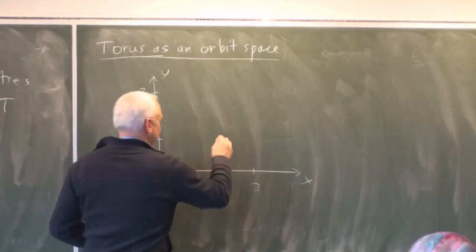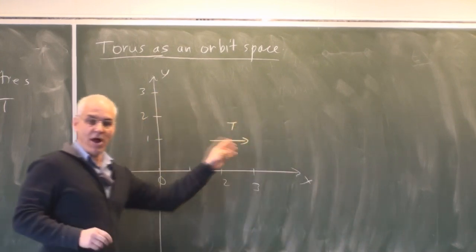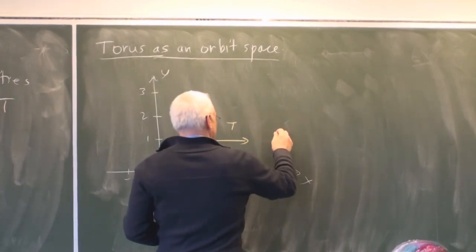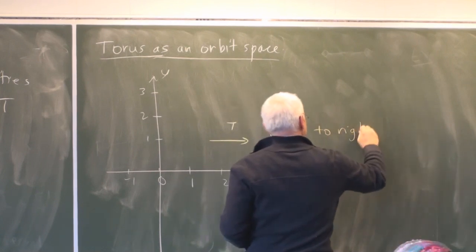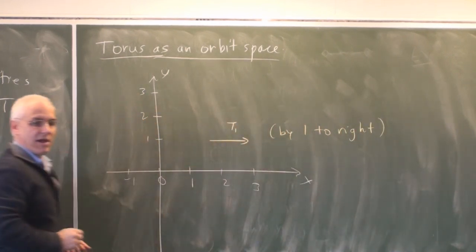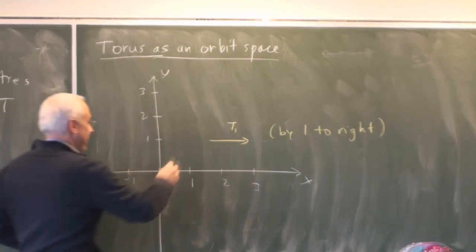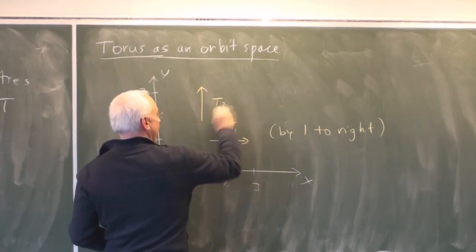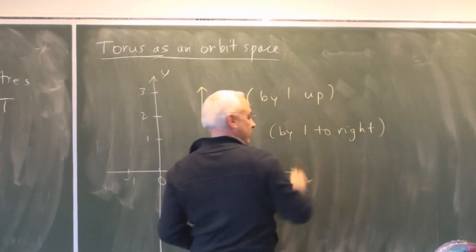So tau is still translation by 1 to the right. Let's call it tau 1, because I want to also introduce another translation, a translation of 1 going up. Let's call that tau 2.